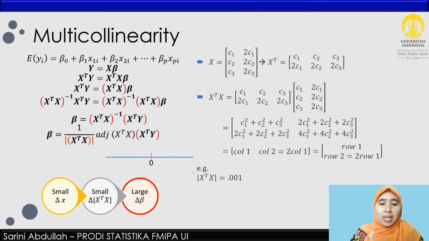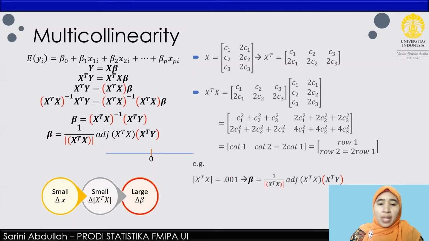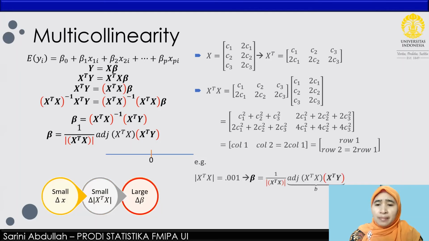Let's say the determinant of X transpose X is 0.001. Then the beta given by this formula is 1 over the determinant times the rest of the expression. We put the value 0.001 for the determinant, and let's say the rest is just a constant that we get from the calculation.